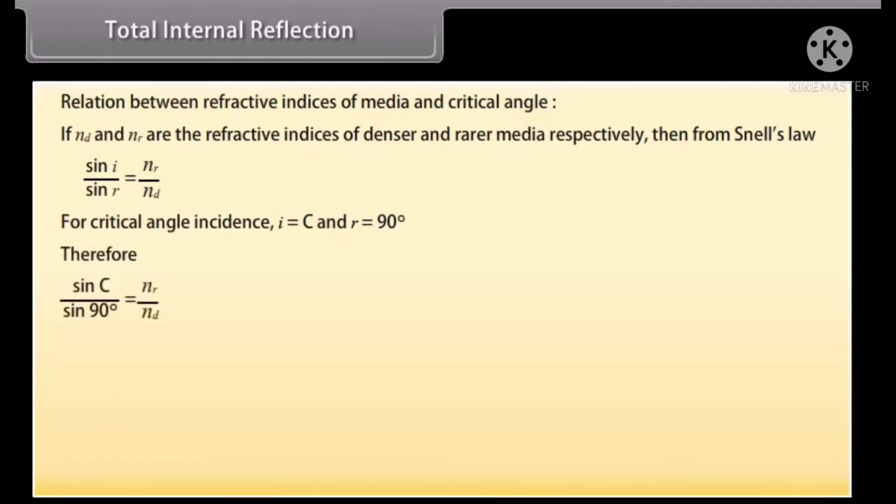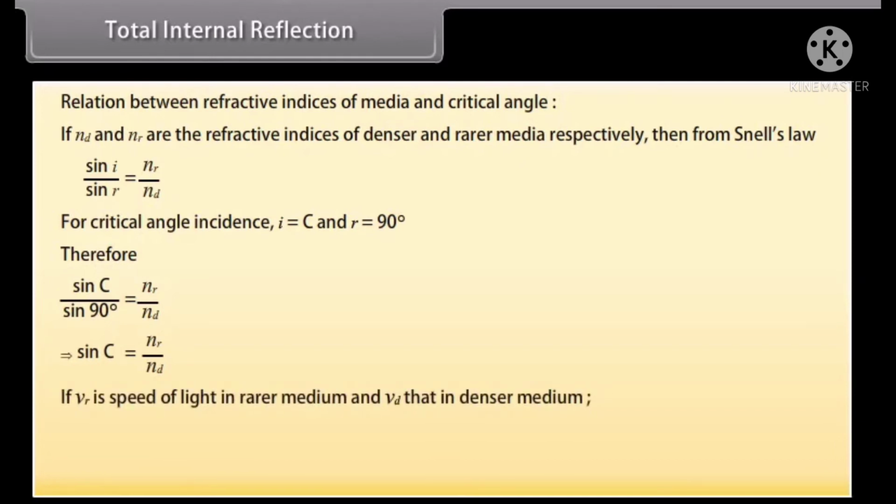Therefore, sin C by sin 90 degrees is equal to nR by nD. It implies sin C is equal to nR by nD. If vR is the speed of light in rarer medium and vD that in denser medium, then sin C is equal to vD by vR.